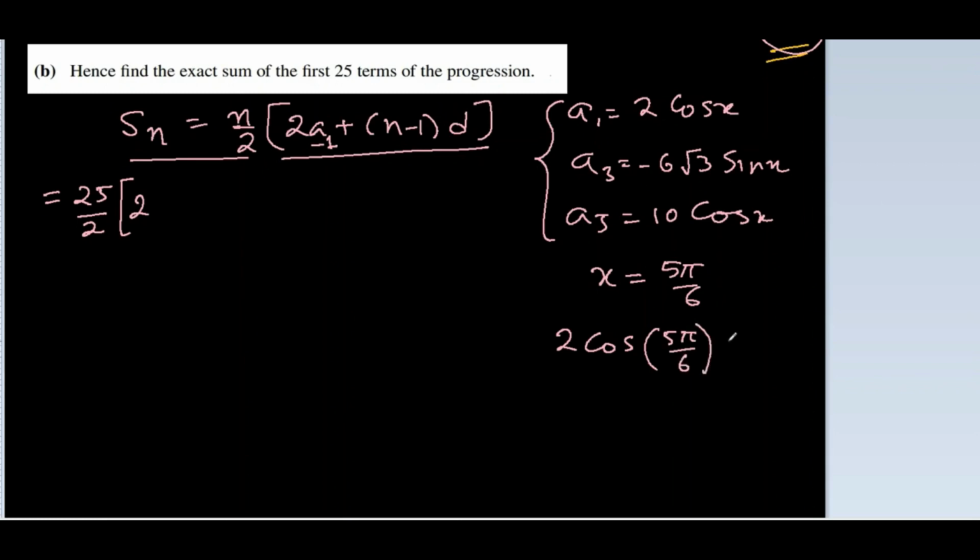This comes out to be minus square root 3, so we'll substitute that here, plus n minus 1, which is 25 minus 1, times d. d is a problem. We don't have d, so let's find d here.